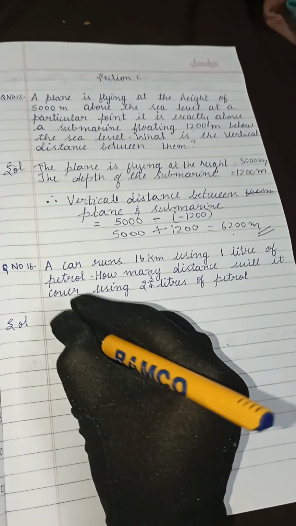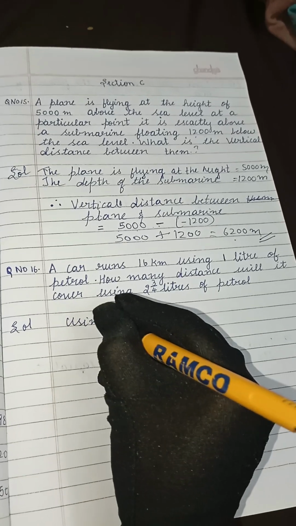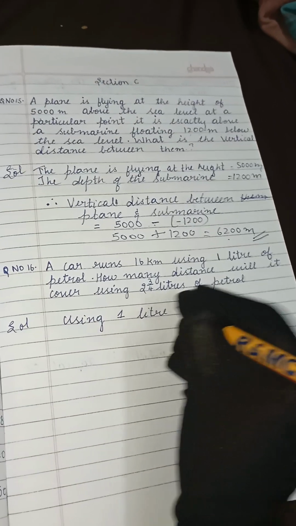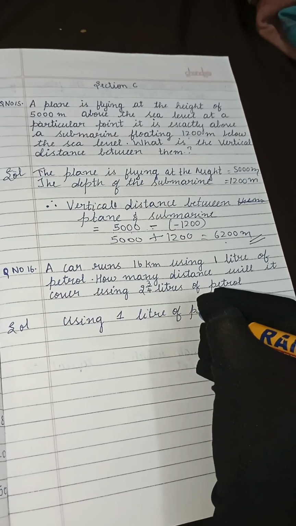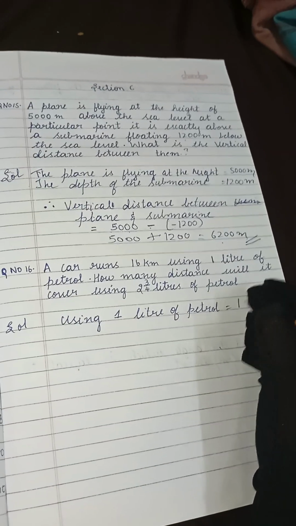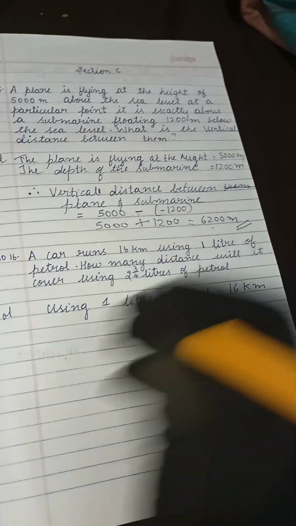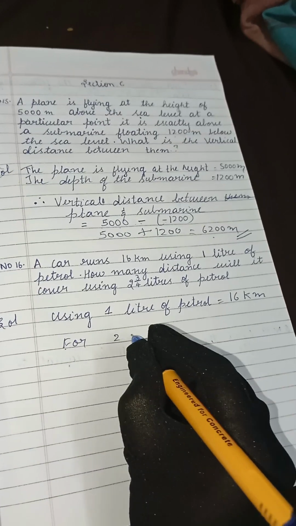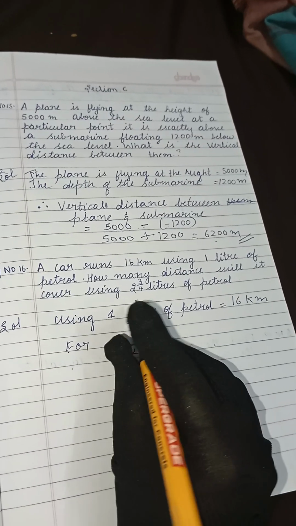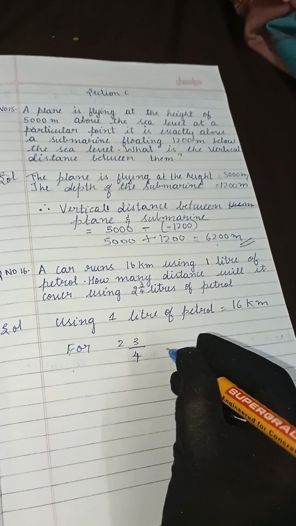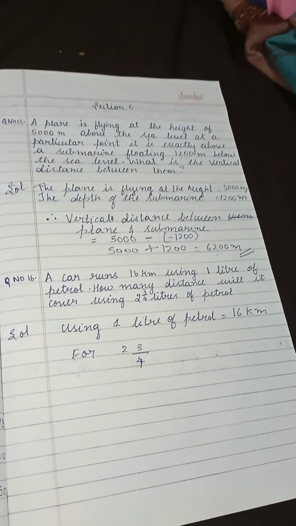So we'll write here, using 1 liter of petrol the car can run how many kilometers? 16 kilometers, right? So for 2 3 by 4 liters of petrol, not kilometers, liters of petrol, how many kilometers will the car run?